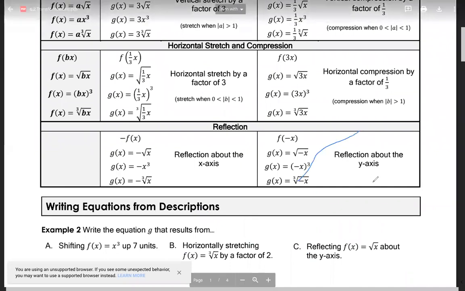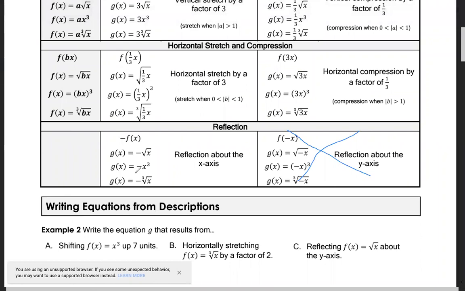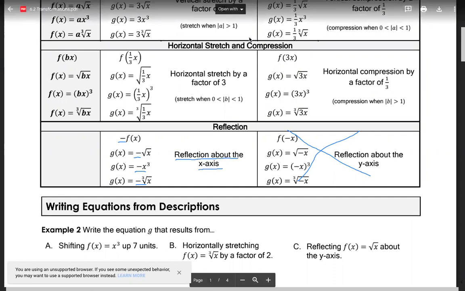I'm going to take that one off so we can just focus on the things we need to. So the only reflection that we're going to focus on is when there is a negative in front of our function. If you look at the negatives here, they're in front of the equation. So anytime you have a negative function, it's real simple. It's going to be a reflection about the x-axis. That's what tells us that.